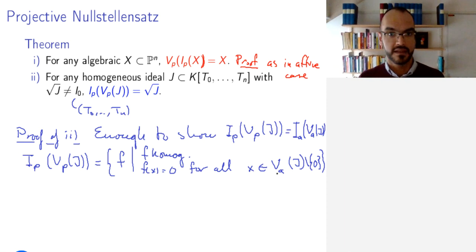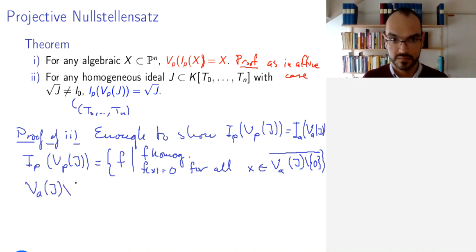And because the 0 set of polynomials is algebraic, it's closed, so it's the same as requiring that this vanishes on the closure in affine space of this thing. But now, this closure of this thing, by the previous remark, is either a cone or empty.